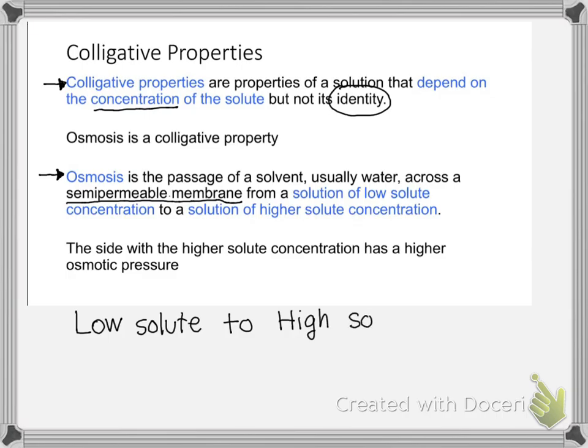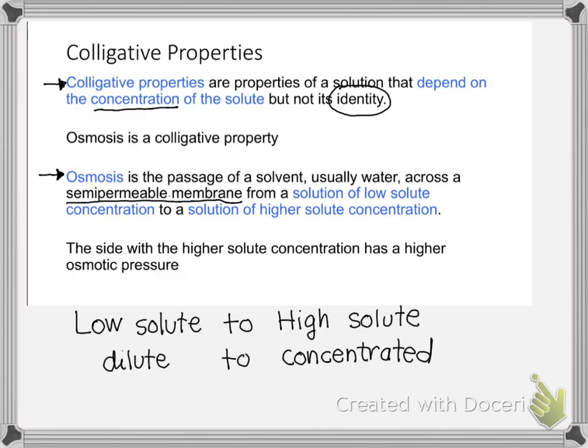If we were using words that we learned about concentration, we might think of that as going from a dilute side to a concentrated side of the solute. Okay, so low to high is how the water is going to move.